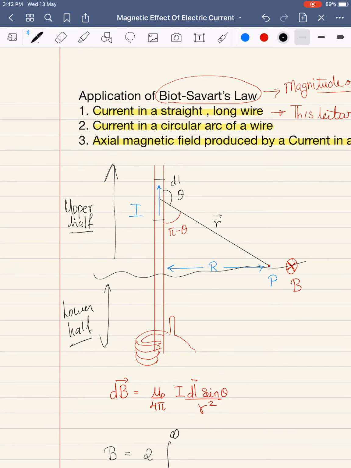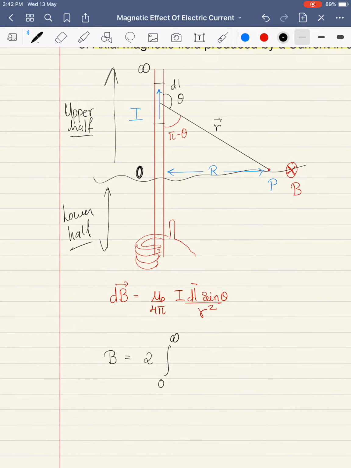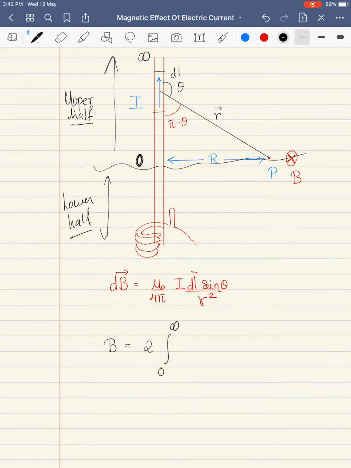Now the length can go from 0 to infinity, as well as from 0 to minus infinity. So I can say minus infinity to plus infinity, but if I split it into two halves, I can say it as twice 0 to infinity because of the symmetry.